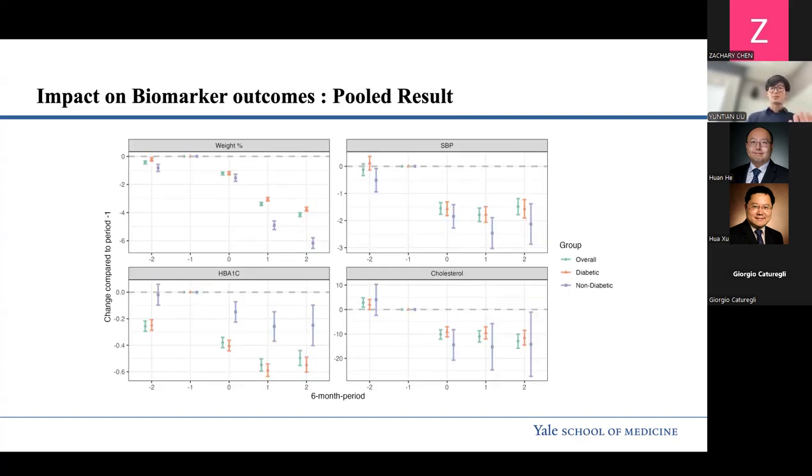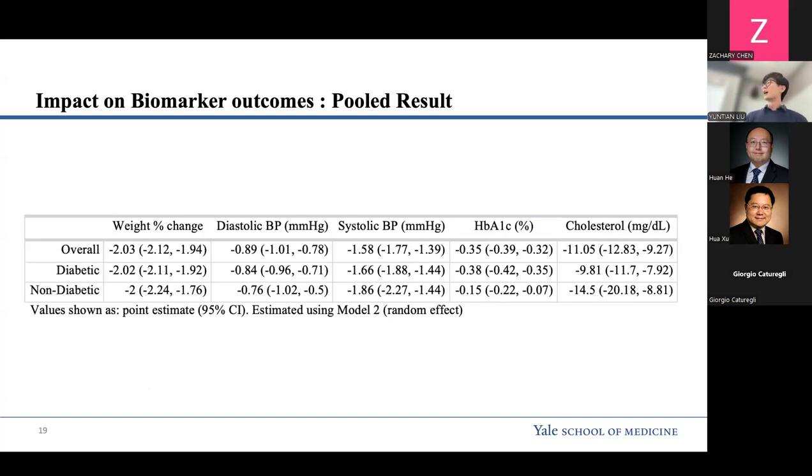So this plot represents the dynamic treatment effects, and if we pool them together and average them, we fit another model. Instead of the 5-6 month relative periods, we have a binary treatment indicator in that model, and this is what we got. On average, weight loss is 2%.